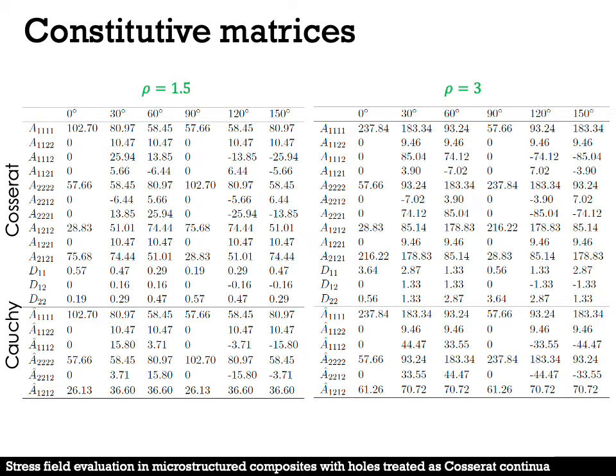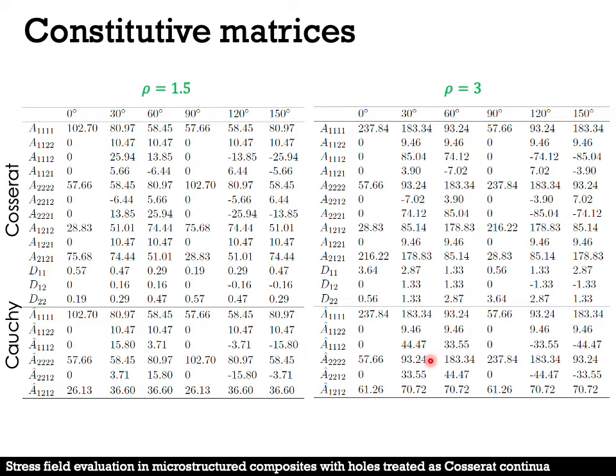Here we show the constitutive components of the Cosserat model, and the Cauchy constitutive components are also obtained for comparison. We can see that there are zero components when beta equals 0 and 90 degrees.